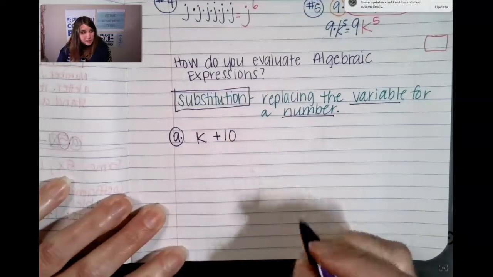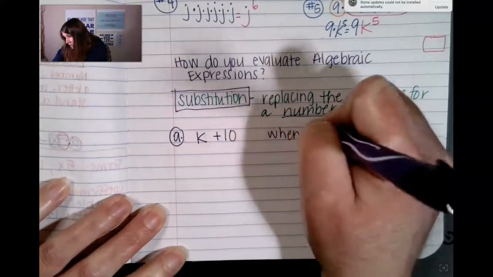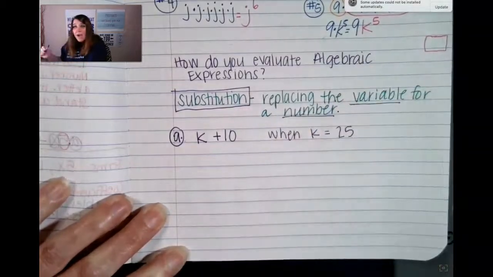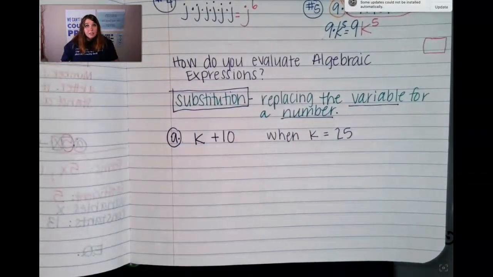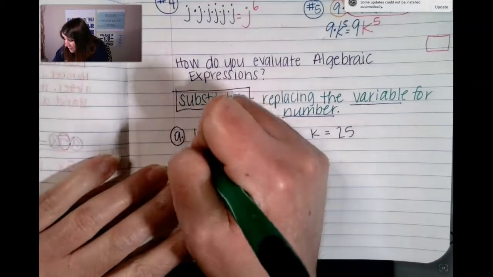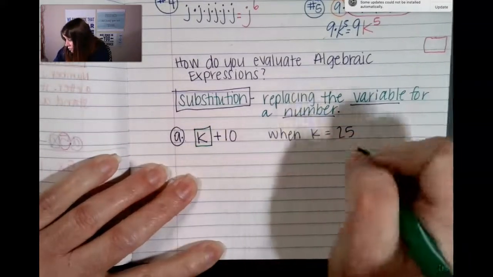And it tells us when k equals 25. So they are telling us that in this problem, k equals 25. So our job is, in the problem, we find every k and we turn it to a 25. You are correct. So this k right here is now going to be a 25.